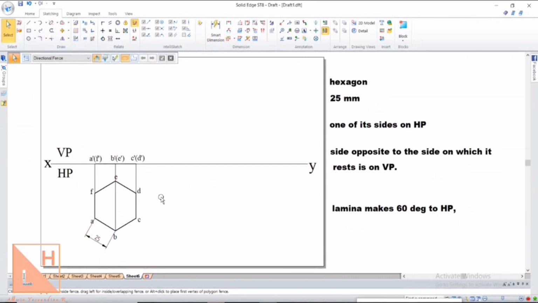In the second position, see the condition given with respect to HP, because we have drawn the plane figure on HP. So the lamina makes 60 degrees to HP. Angle to HP, you draw it in the vertical plane. Right now it is at 0 degrees. The lamina is looking like a line and it is at 0 degrees. We'll incline this line at 60 degrees in the next position, about the corner point or any end point of that particular line.